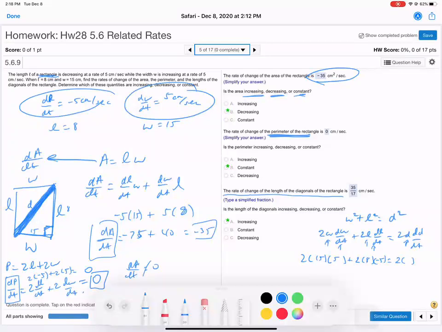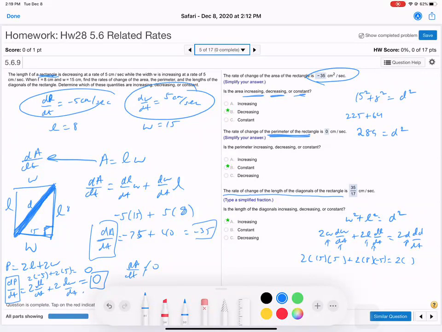So Pythagorean Theorem. 15 squared plus 8 squared equals D squared. That's going to be 225 plus 64 is 289 equals D squared.